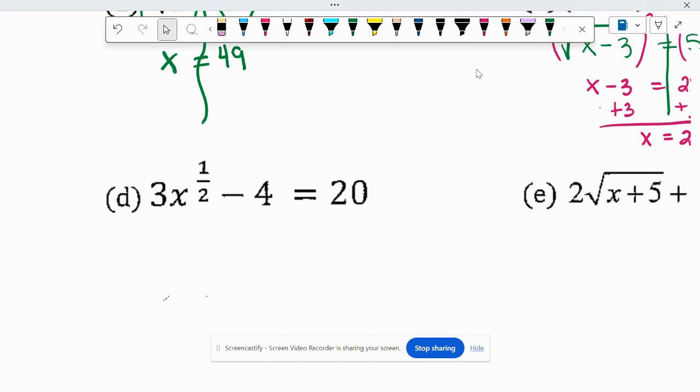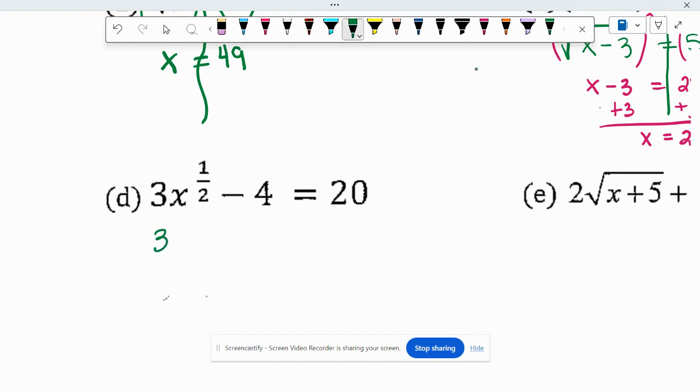What number is being raised to the 1/2 power? Not, is 3x being raised to the 1/2 power? Listen to me. What term has the exponent on it? Only the x. The 3 does not. Is it in a parenthesis? No, it's not. So x is the only thing that's going to be under a radical.